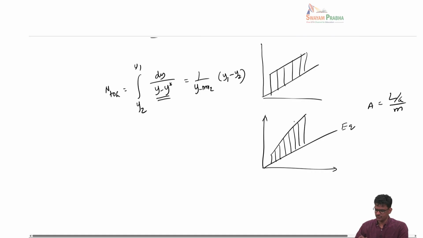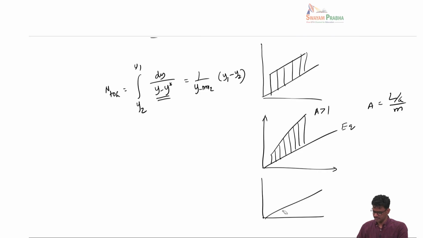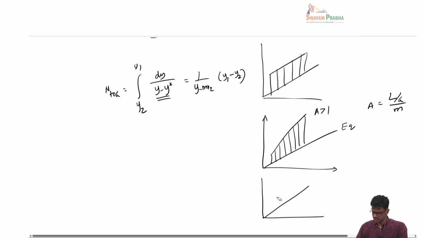In the diagram I have shown, the slope of the operating line is more, so this would correspond to A greater than 1. In this other case, the slope L by G is smaller than m, so here A is less than 1.